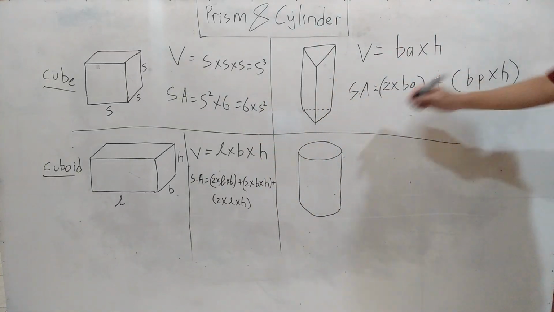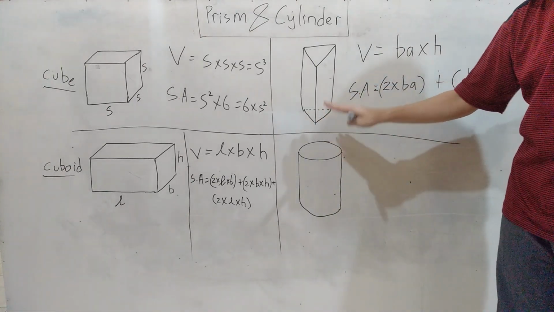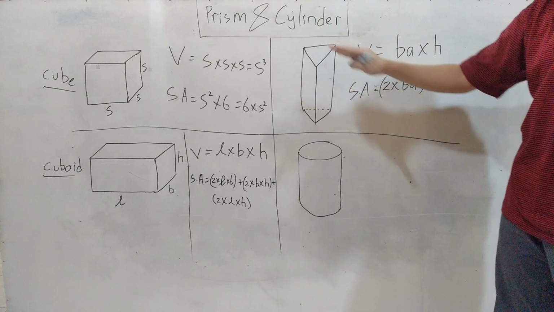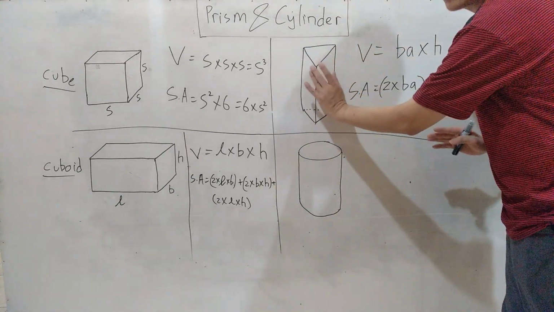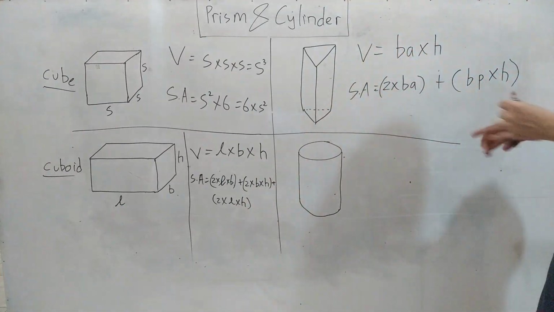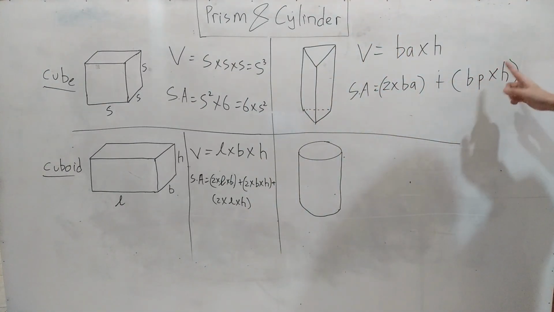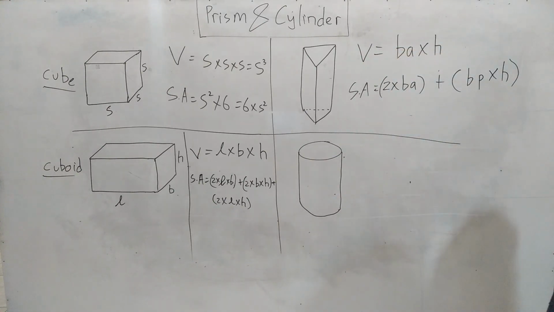Okay, so 2 times base area. Remember, 2 times base area because of the base area and the top area, plus the area for the standing part or for the part that connects the top and the bottom, which is base perimeter times height. That's how you do the prism.